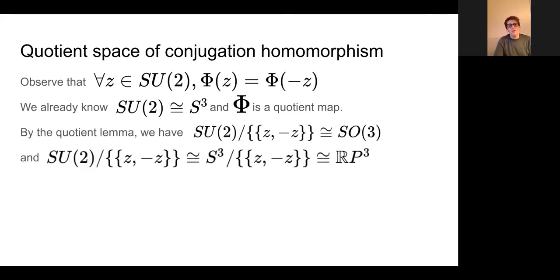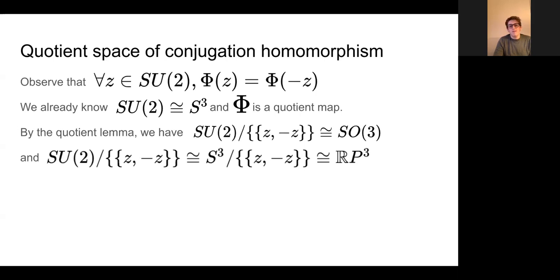So then by the quotient lemma, we have that SU2 with the partition of antipodal points, z and negative z, is equivalent to SO3. We also know that SU2 with this particular partition is equivalent to S3 with the same partition because SU2 and S3 are the same space.